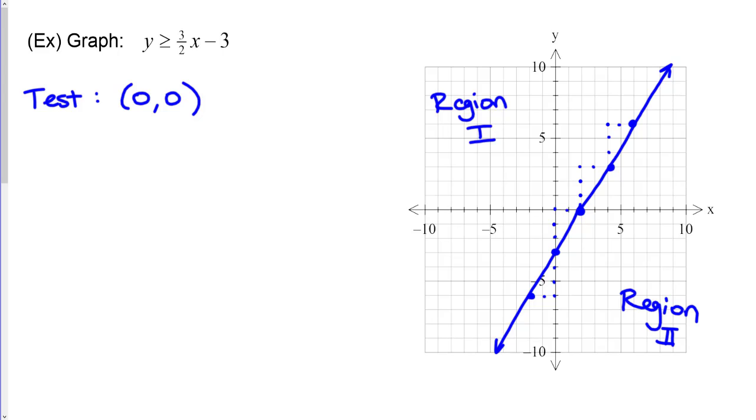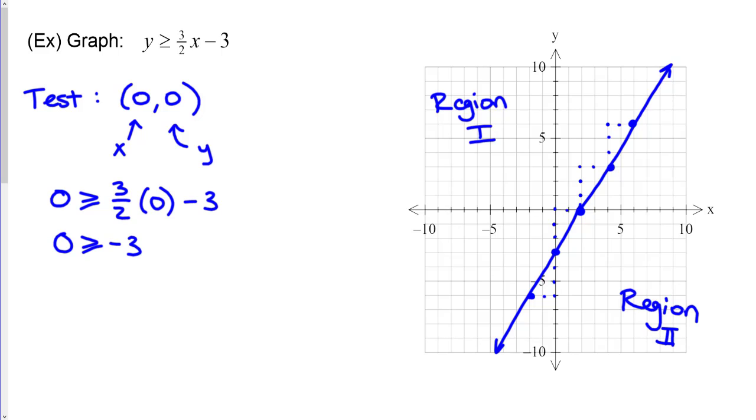So when I test the origin, my x value is 0 and my y value is 0. So when I plug this in, my inequality becomes 0 is greater than or equal to 3 halves times 0 minus 3, or 0 is greater than or equal to negative 3. This is a true statement.